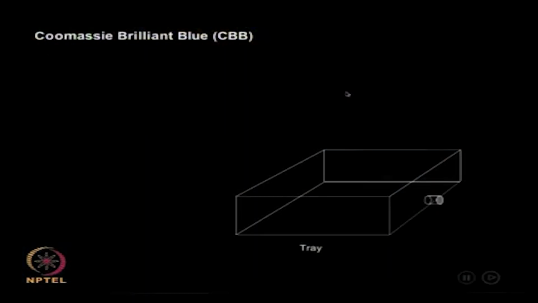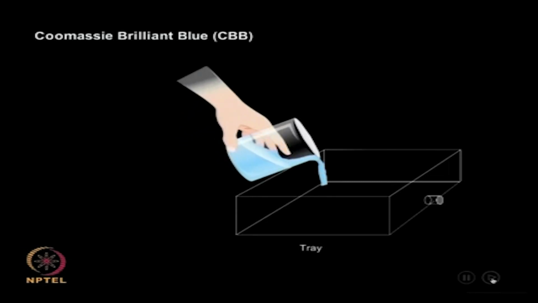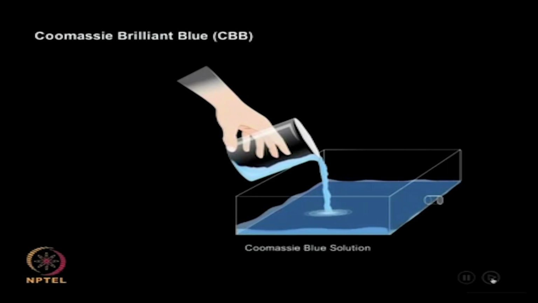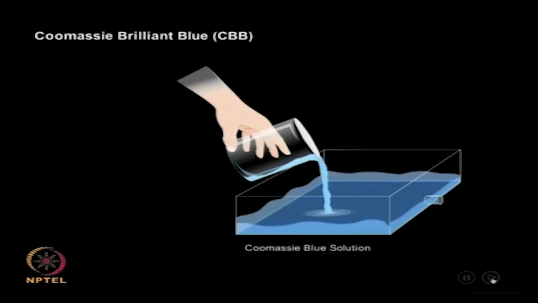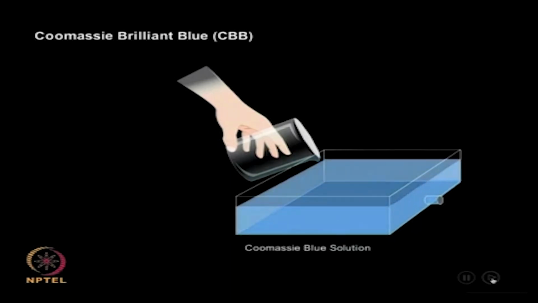In this animation, I will show you how the staining can be performed by using Coomassie brilliant blue stain. The completed electrophoresis gel is placed in a tray containing the Coomassie blue staining solution, typically R250, that has been dissolved in an aqueous solution of methanol and acetic acid.